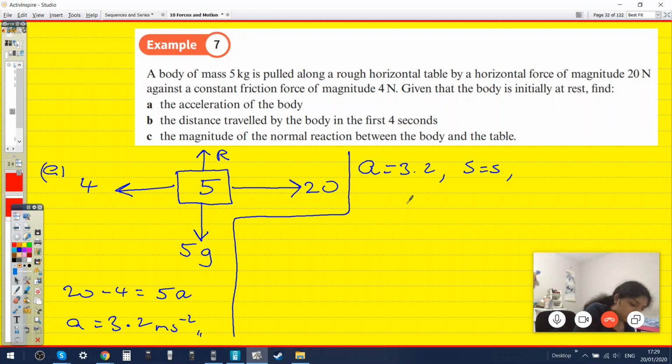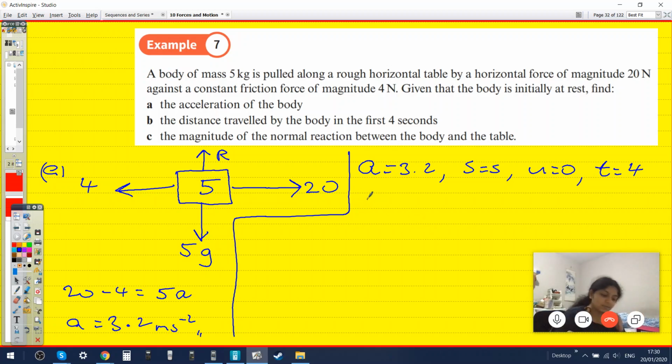So, you know U is 0 because it says the body is initially at rest. You don't know what V is. You know A is 3.2, T is 4. Don't care about V. I don't know the formula because we get given them.